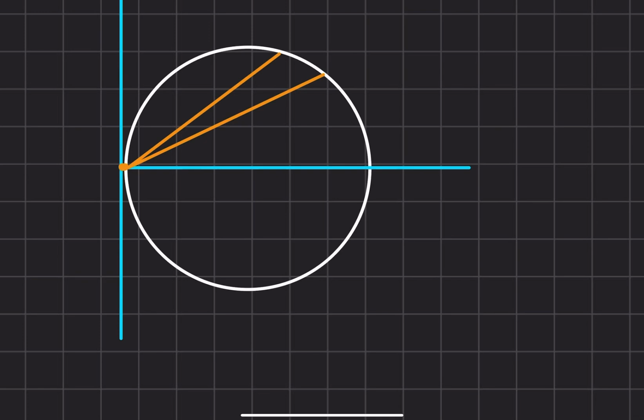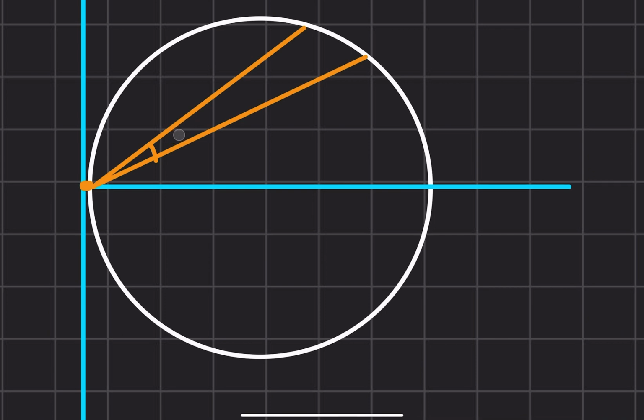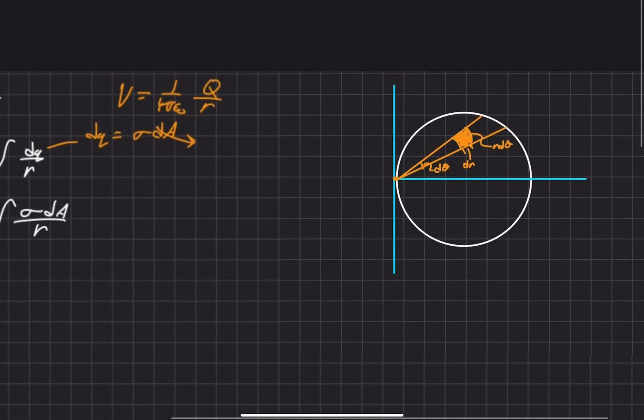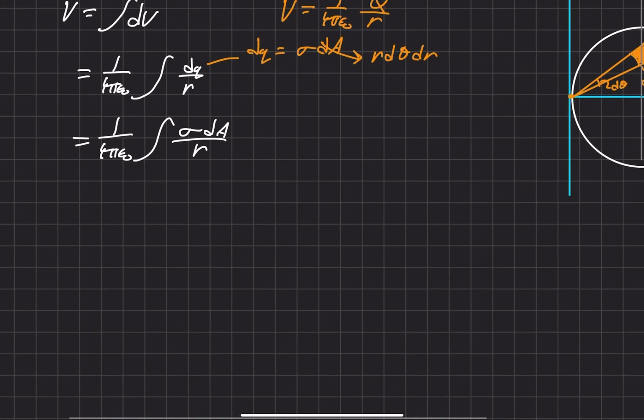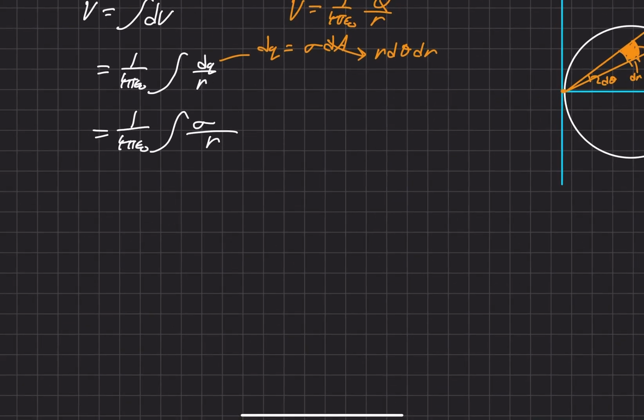We'll call this angle d theta, and this little patch has one side equal to dr, and the other side equal to r d theta. So our infinitesimally small area dA is the product of those, r d theta dr. We'll make that substitution here: r d theta dr.